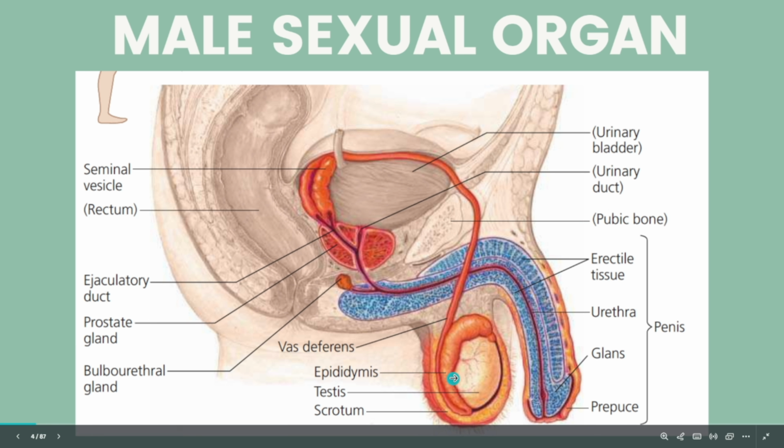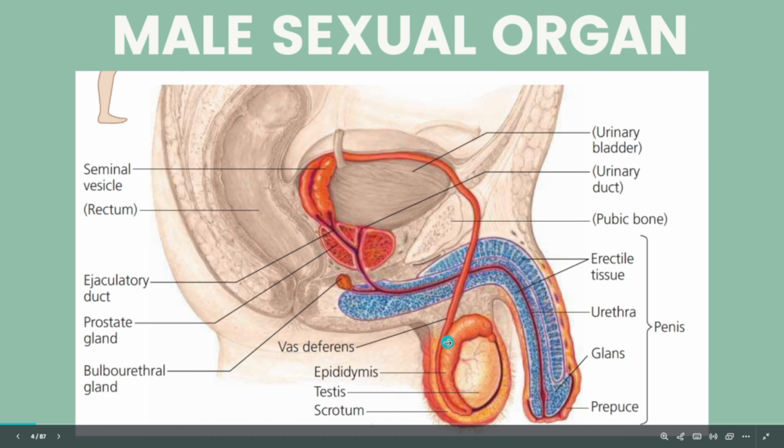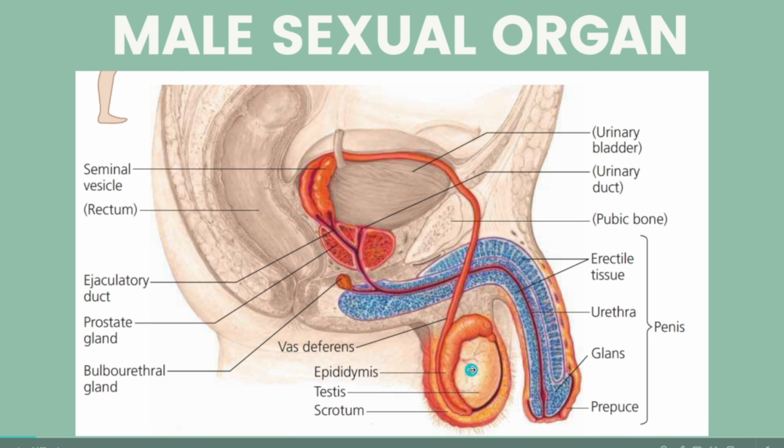After that, your sperm will be passed into the coiled duct of the epididymis. It will be stored here for maturation for about 3 weeks. After your sperm is produced in the testes, it is stored in the epididymis for maturation. Then during sexual intercourse between male and female, there is the ejaculation process, meaning that your penis becomes bigger and longer.